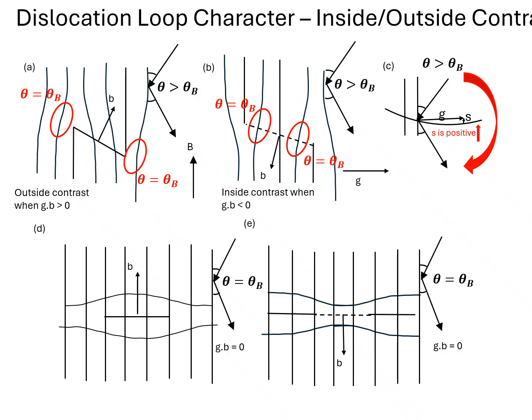But once we have that information, one can also be interested in the character of the loop. So which direction is the Burgers vector B?